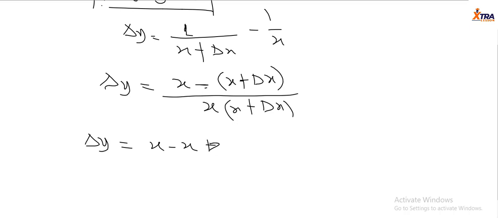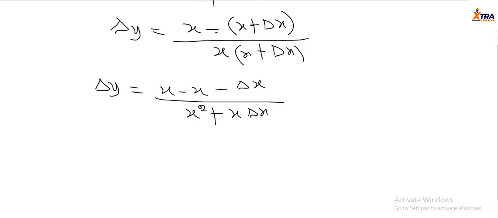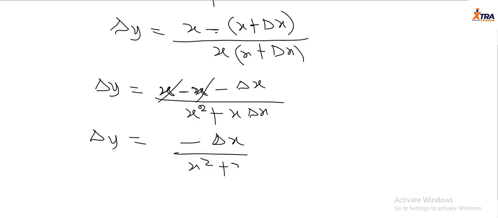Minus. We have minus delta x over x squared plus x delta x. So my x will cancel minus x. We have delta y equals minus delta x over x squared plus x delta x.